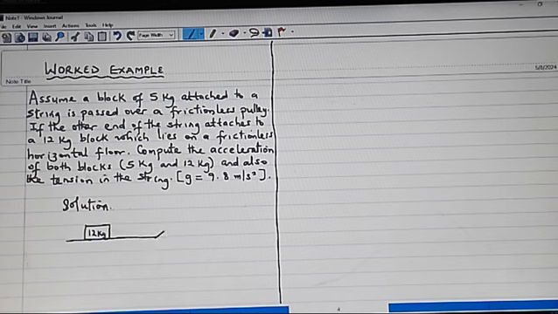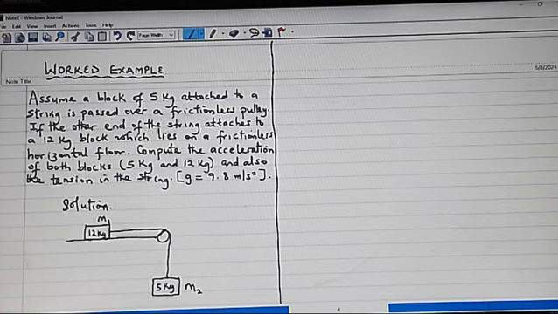Of course, it is attached to a pulley system. So this block is attached to this system, which is in turn attached to another mass, 5 kg, that is hanging on that string. So let's call this mass M2, and we call this mass M1.